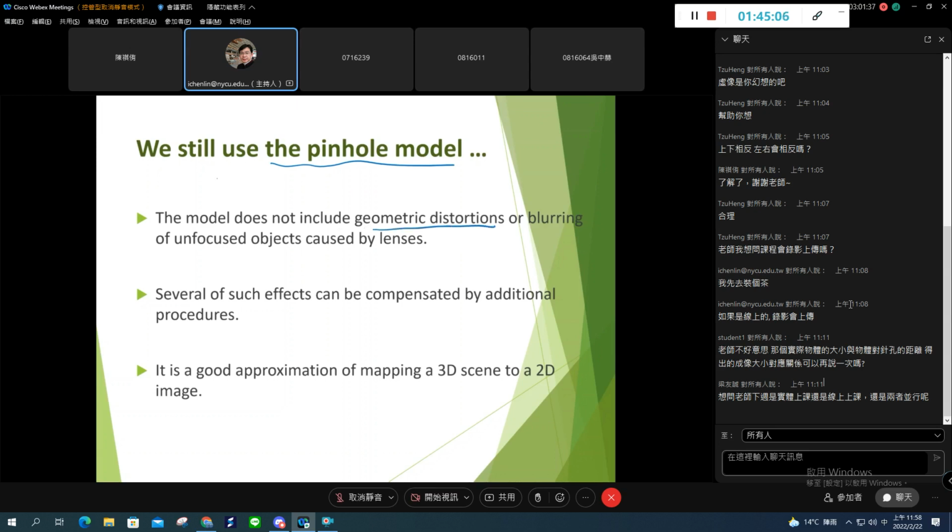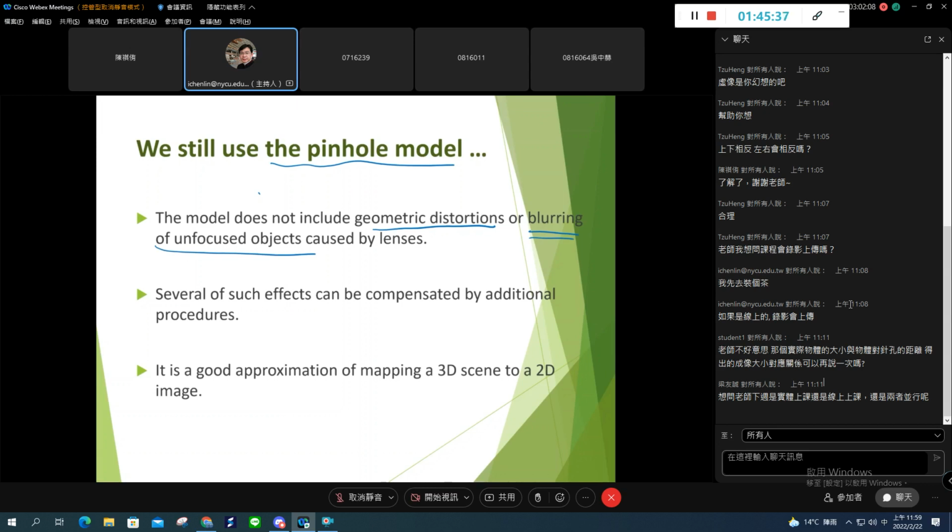For instance, for a box, when using our lens, it can be spherically or radially distorted, meaning it will be stretched to certain sizes. And there are also some blur problems, because if you do not focus on some object, it will be blurred, right?